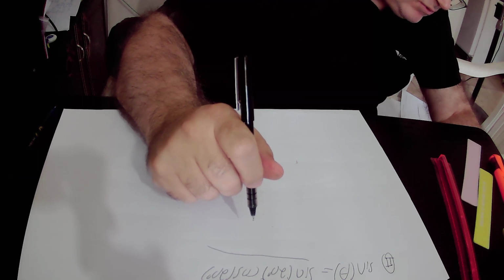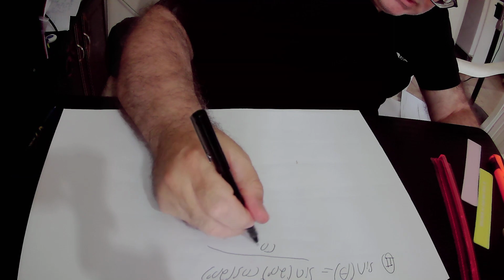Therefore, we will substitute sine 70 degrees by cosine 20 degrees.